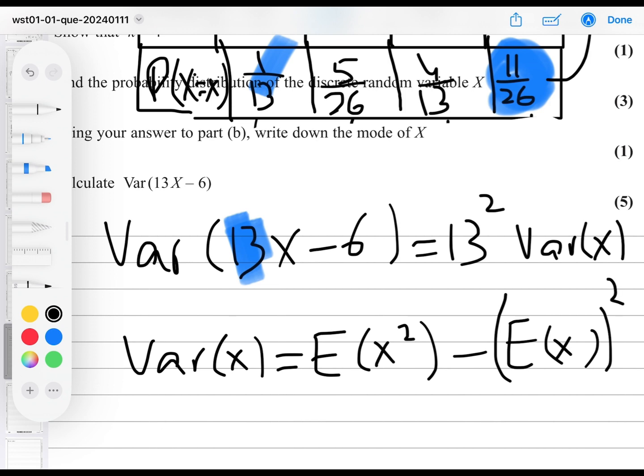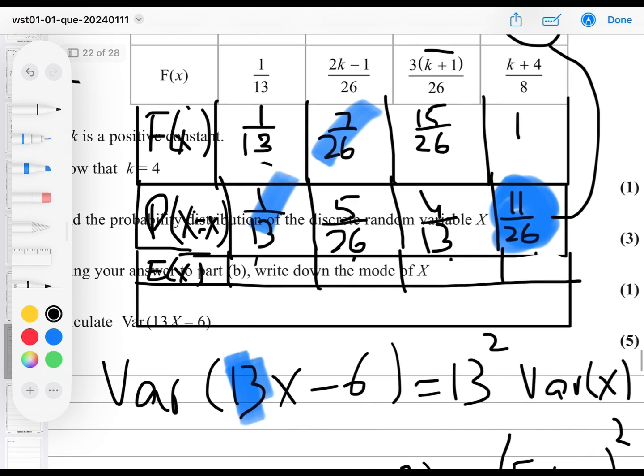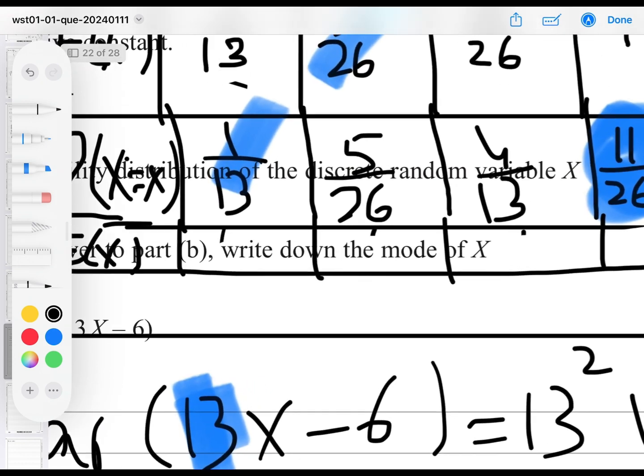Okay, so now we will do the working here. For the expected mean, we have to multiply the probabilities with x.